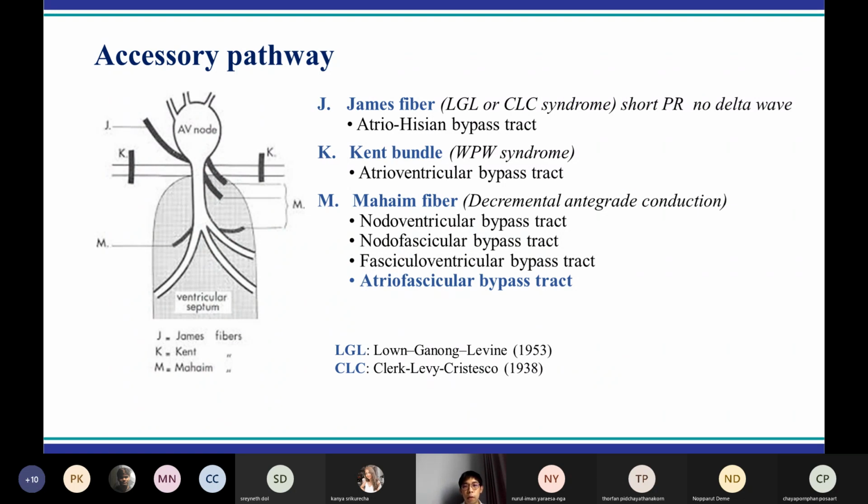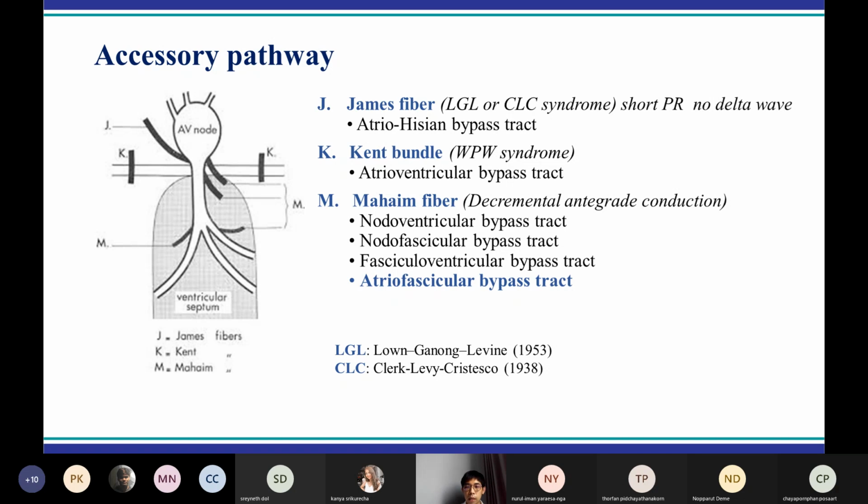James fiber was used to call an atrio-Hisian bypass tract. This James fiber was discovered by Dr. James. It manifests by a short PR, but there is no delta wave. Kent bundle is the bundle which was described in Wolff-Parkinson-White syndrome, which is an atrioventricular bypass accessory pathway.